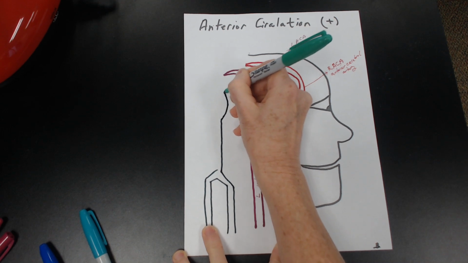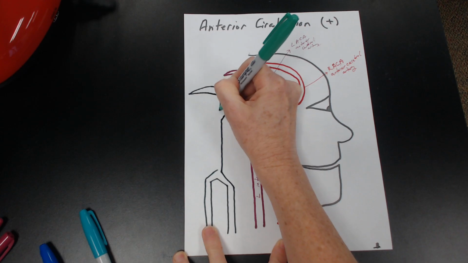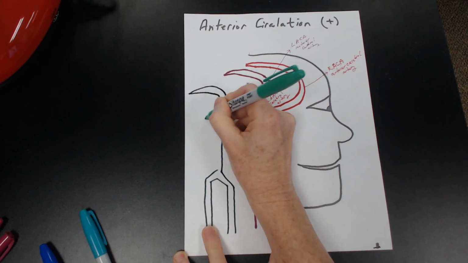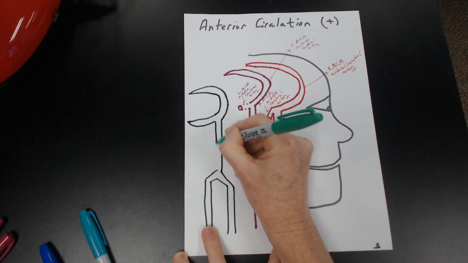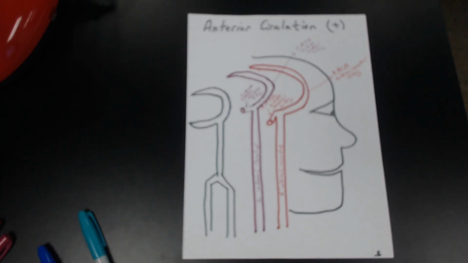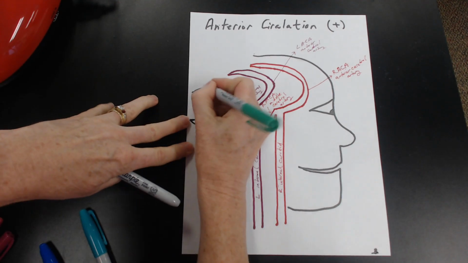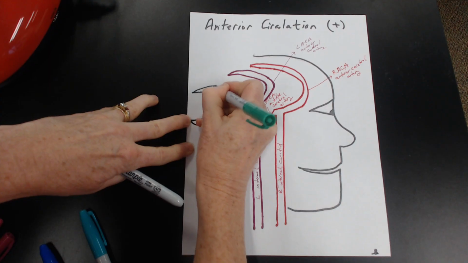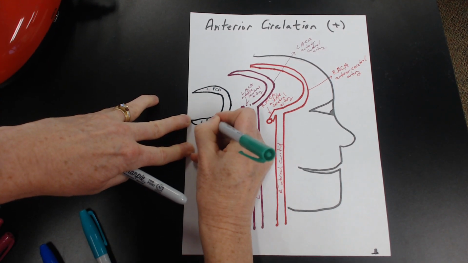It's going to have one going back here on the left side, and then one going back here on the other side. And that's going to be your left and right posterior cerebral arteries. So let's go ahead and put, this is going to be your left PCA, nothing different than we just did, and this is going to be your right PCA.